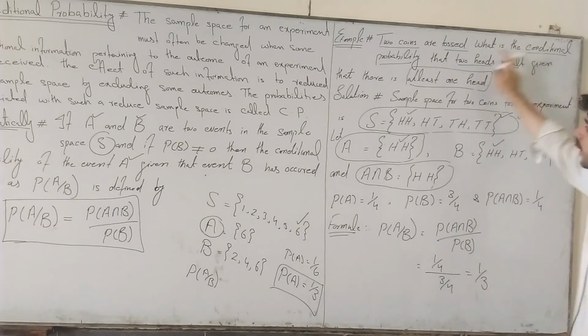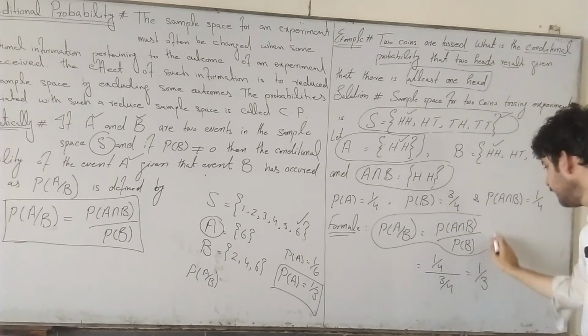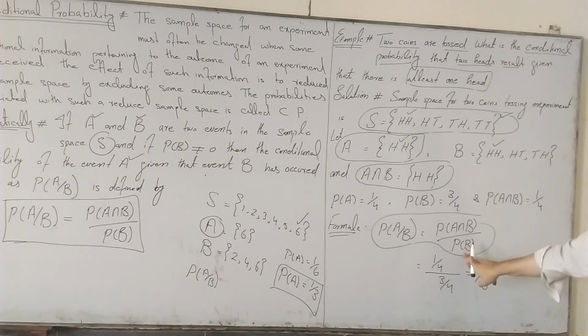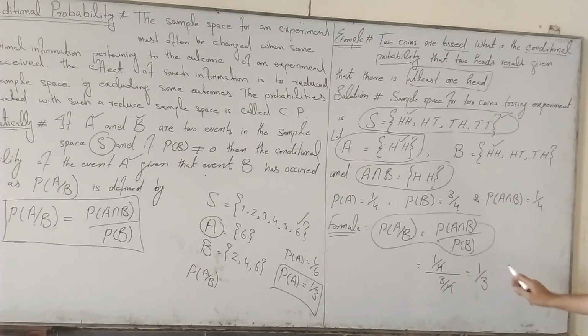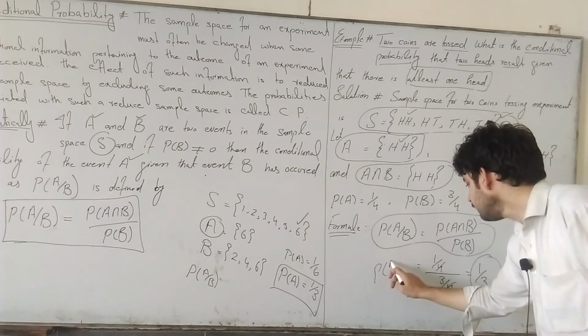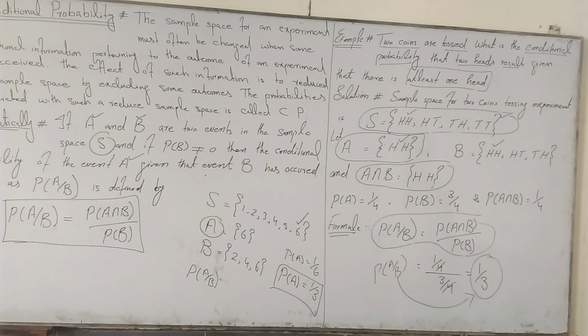The formula for conditional probability is this one: probability of A given B is equal to probability of A intersection B divided by probability of B. Probability of A intersection B is 1 over 4 and probability of B is 3 by 4. So 4 will be cancelled with this 4 and our result is 1 over 3. So probability of A given B is equal to 1 over 3.